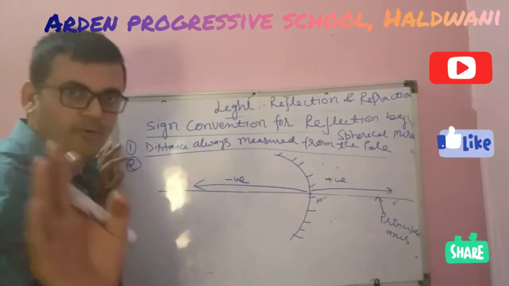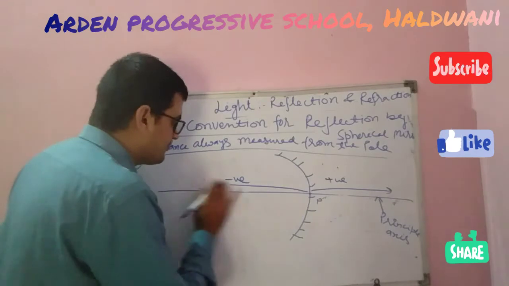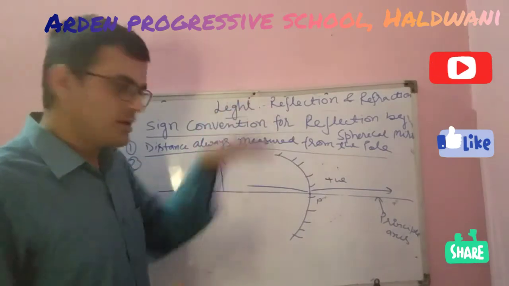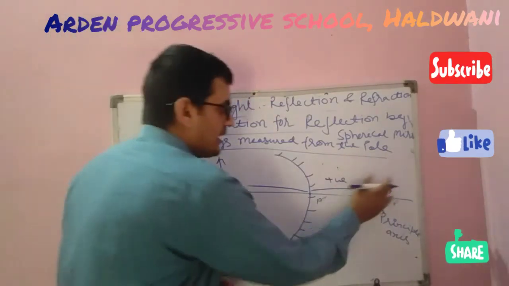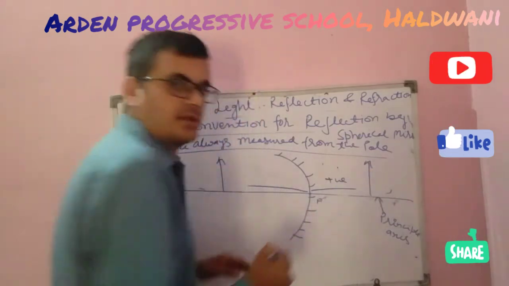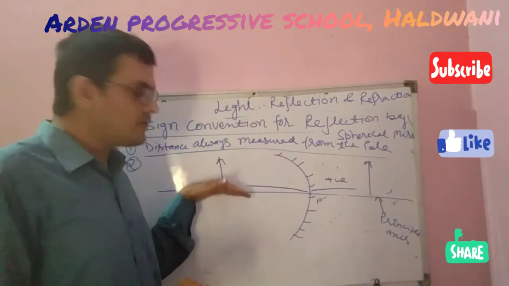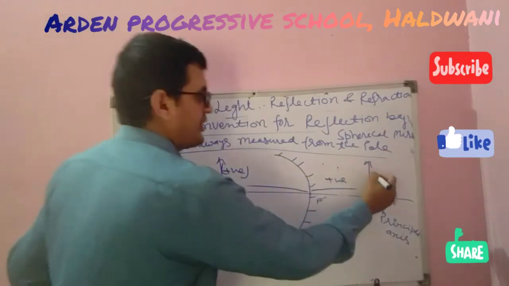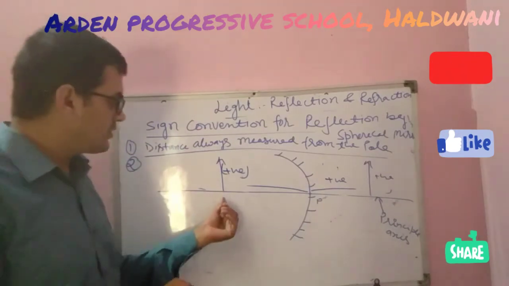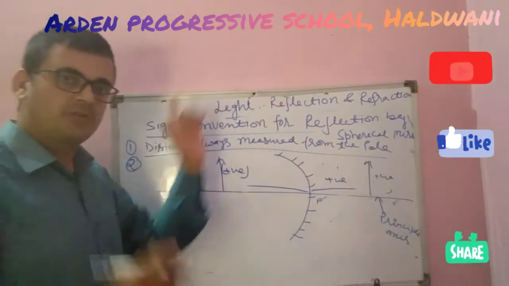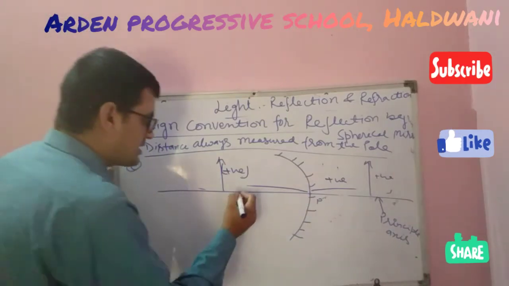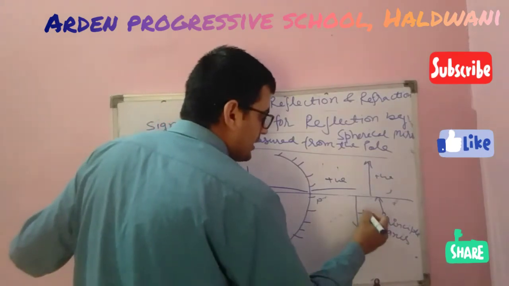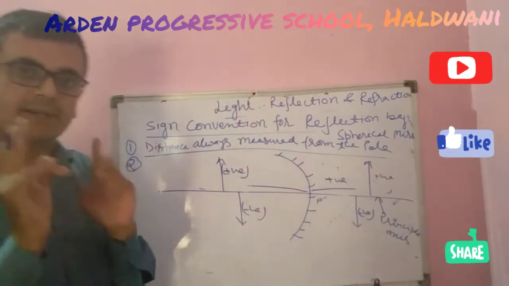Now come to the third point. Distance measured to this side, above the x-axis, whatever it is here or here, is taken as positive. If distance is measured to this side, it will be taken as positive, and distance measured below the x-axis will be taken as negative.